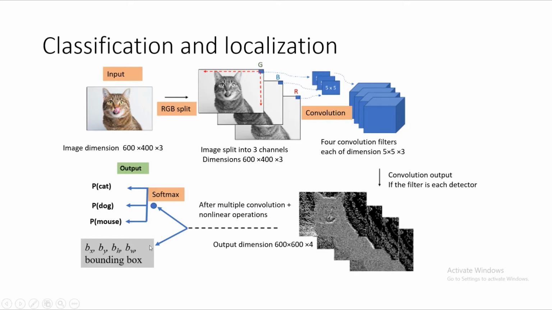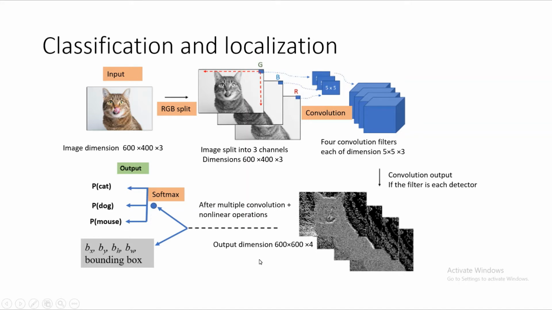Besides the three categories, we add four more outputs for the bounding box, and these are bx, by, bh and bw. We will discuss it in detail in our subsequent slides.